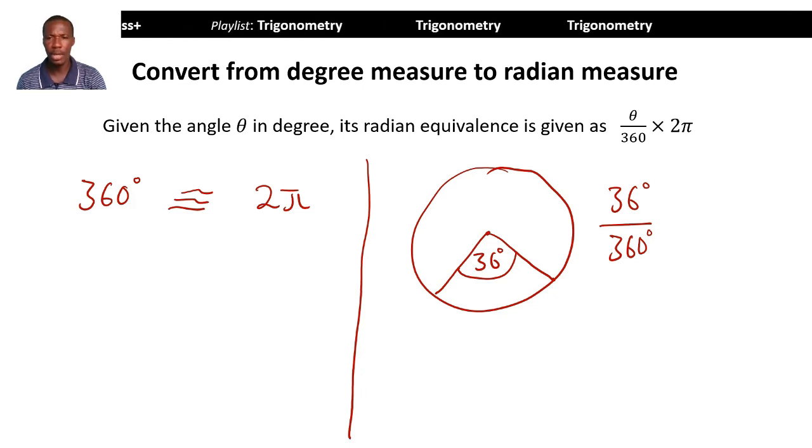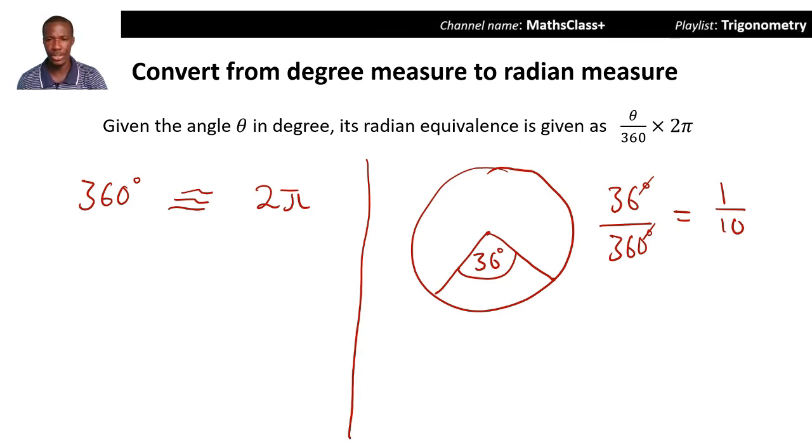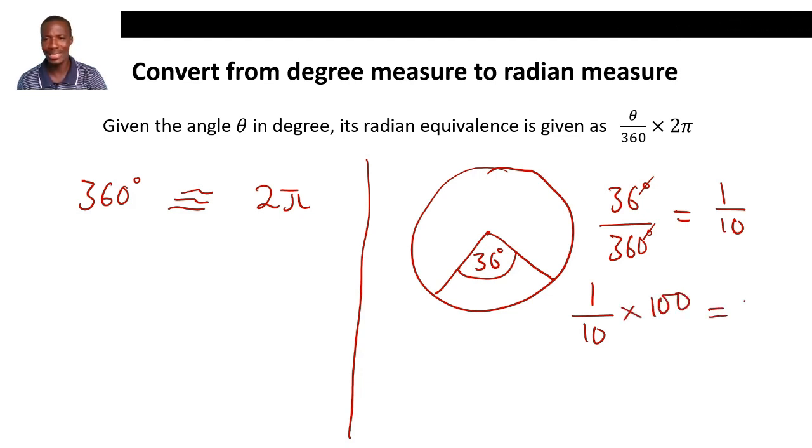Remember, it is degree over degree, so the degrees will cancel out. Then when I simplify this, I get 1 over 10 as the fractional value of 36 degrees. Now, I multiply this fractional value by 100, which gives me the percentage value. So 1 over 10 times 100 gives me 10%. So 36 degrees is equivalent to 10%. This is how we did our calculation.